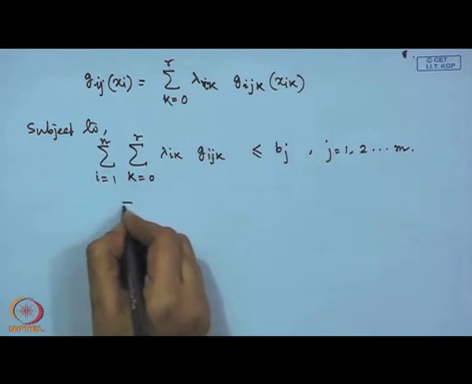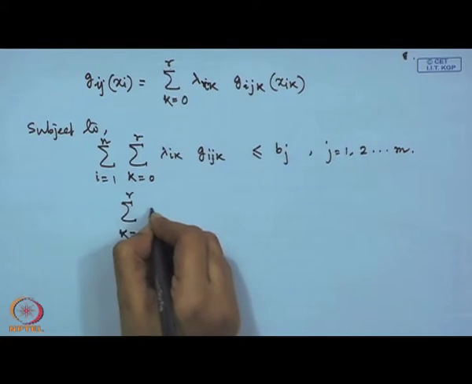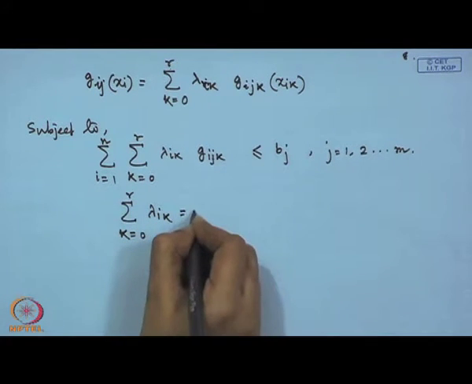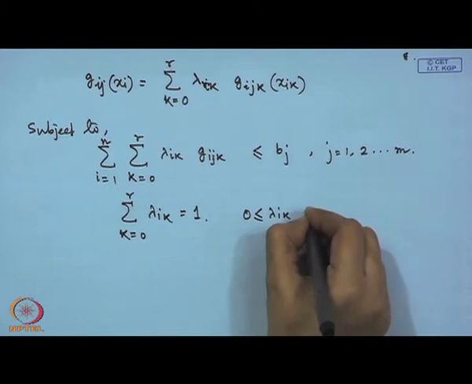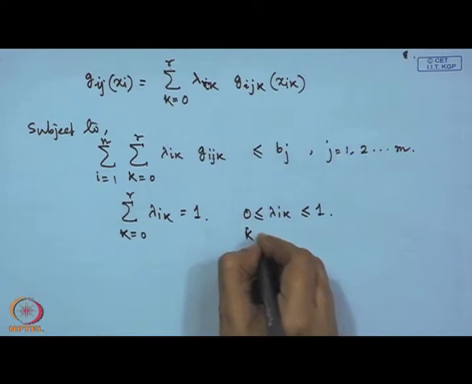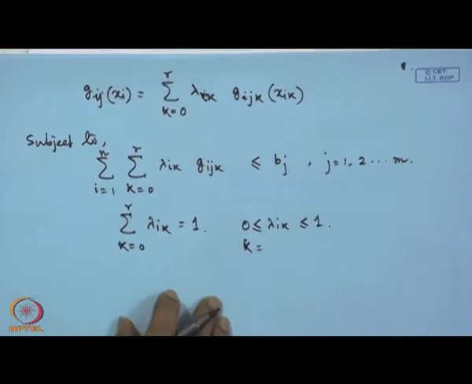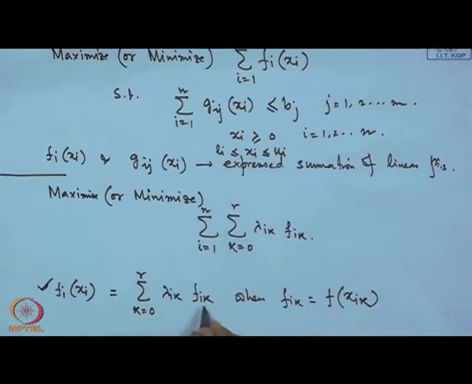Not only that, there is another condition, that is summation k is equal to 0 to r, lambda I k must be equal to 1, individual lambda I k's are 0 to 1.